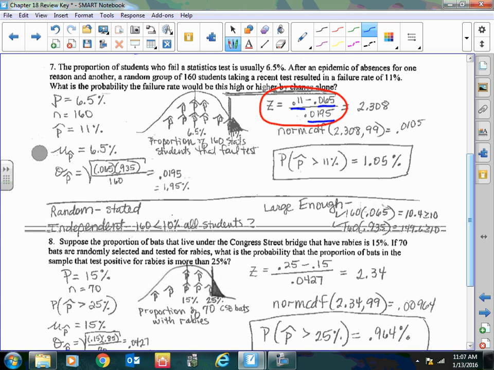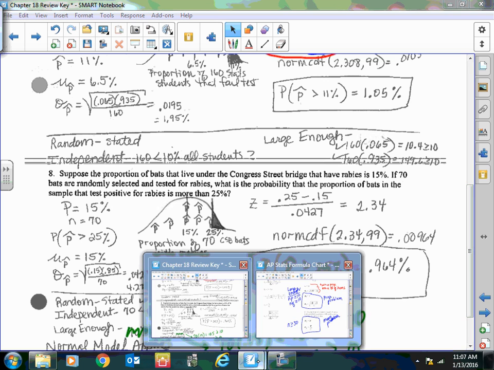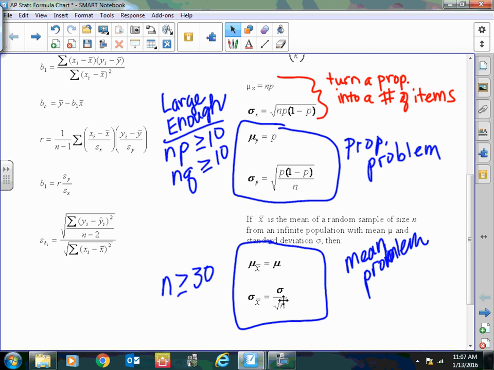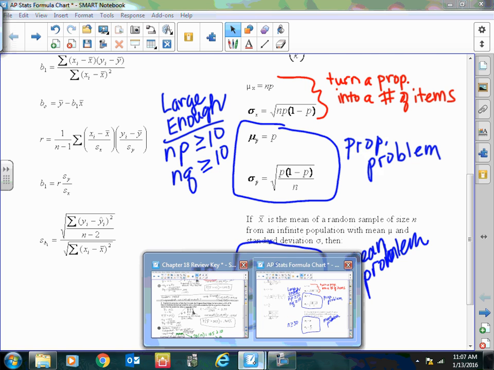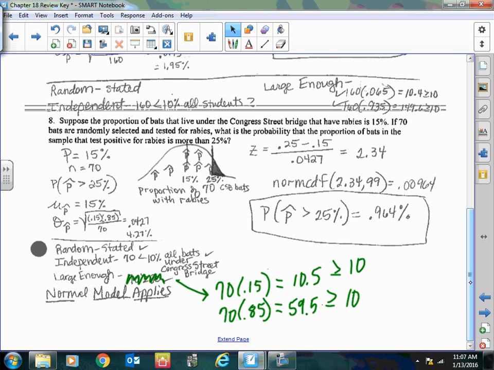All proportions: proportion, proportion, proportion, standard deviation. Keep them all proportions, not a number of items and a proportion. Keep in mind the large enough condition: is the proportion large enough? Since this is the first one, see here, at least 10 successes and at least 10 failures.